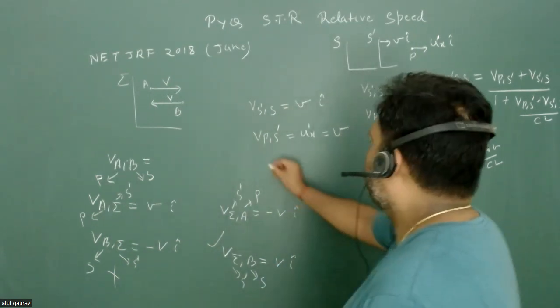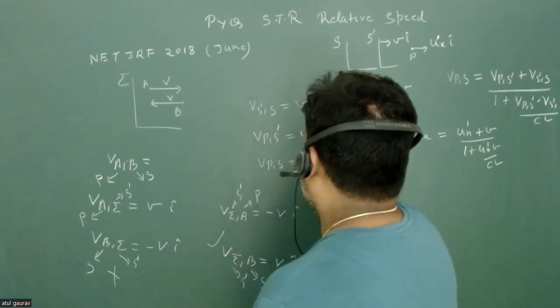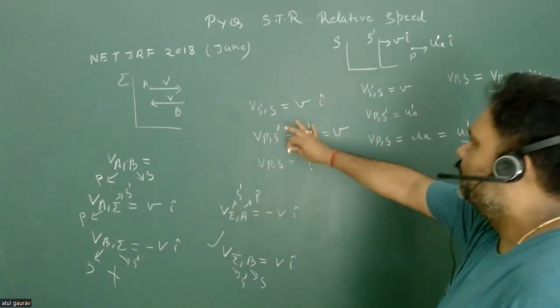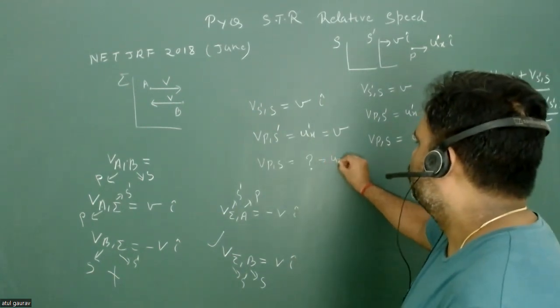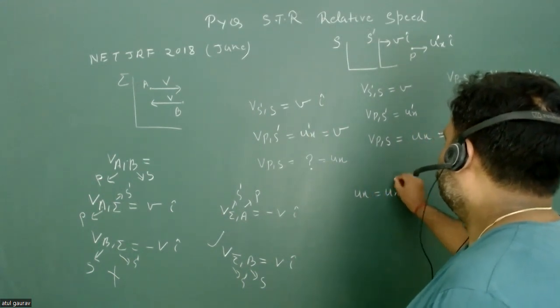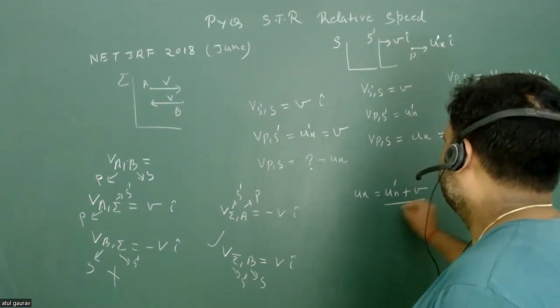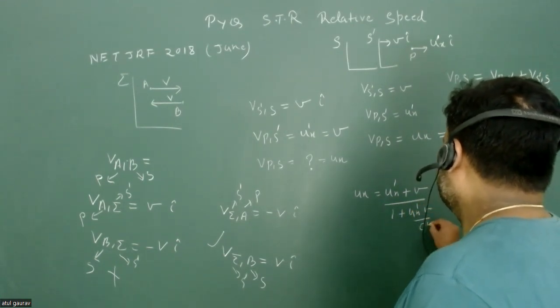And we have to calculate the velocity of the particle with respect to S. We convert everything into this form, and this will be nothing but ux. So ux is equal to (ux dash plus V) upon (1 plus ux dash V upon c square).